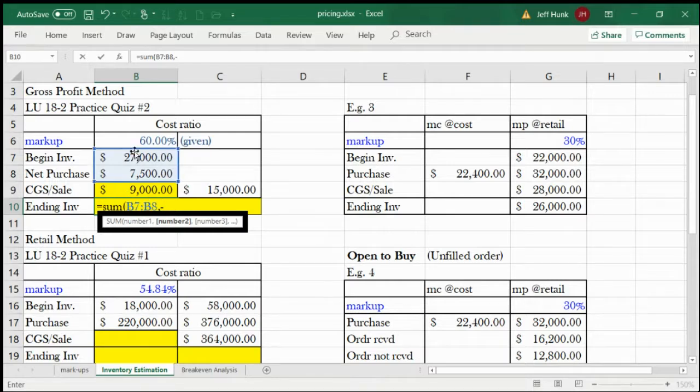They are all in a contiguous range, but these two are to be summed and this one needs to be subtracted. If you just put a negative sign on B9, then it's going to be summing up everything, and when a negative number is summed, it gets automatically subtracted. So you can do it this way as well. So you hit enter, and of course that will be your ending inventory. Okay.